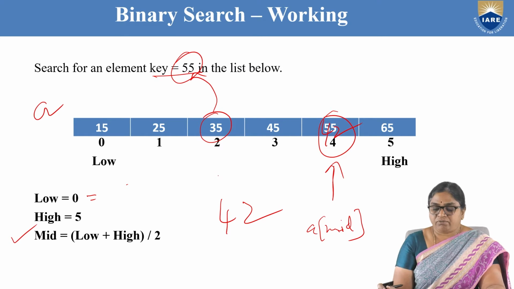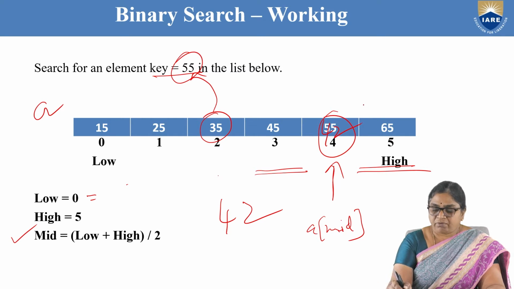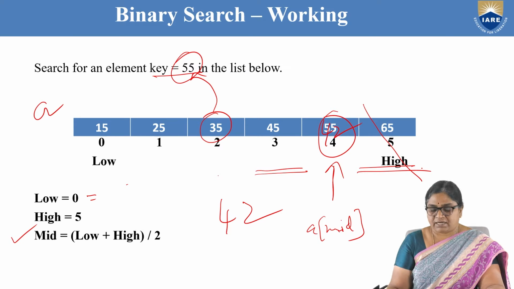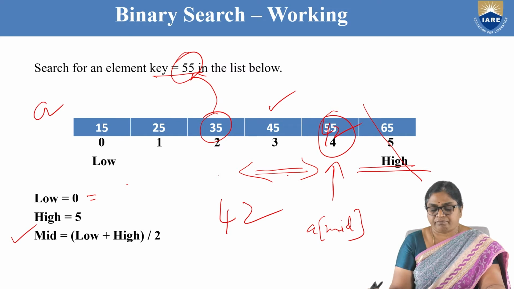No. So what we will do? Now we have to leave either the RHS side or the LHS side depending on the condition. Is 42 greater than 55? No. So now we are going to discard the right hand side and we will go with the left hand side. So only this portion we are going to search. Previously this portion is discarded.